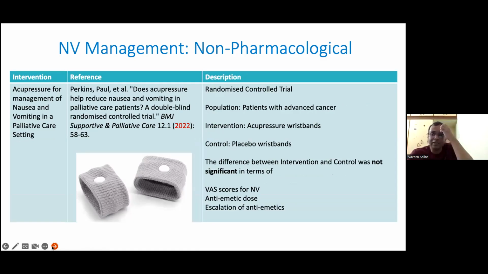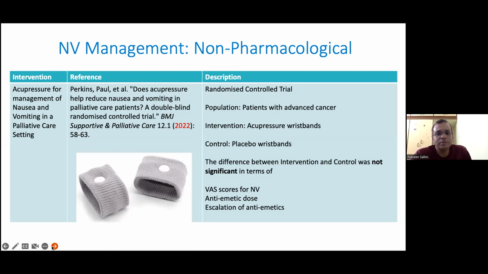Now, there was another study on a non-pharmacological treatment, acupressure. Acupuncture and acupressure are tried in patients with refractory nausea and vomiting. This was another 2022 study, published in a good journal again, BMJ Supportive and Palliative Care, which is an excellent journal.